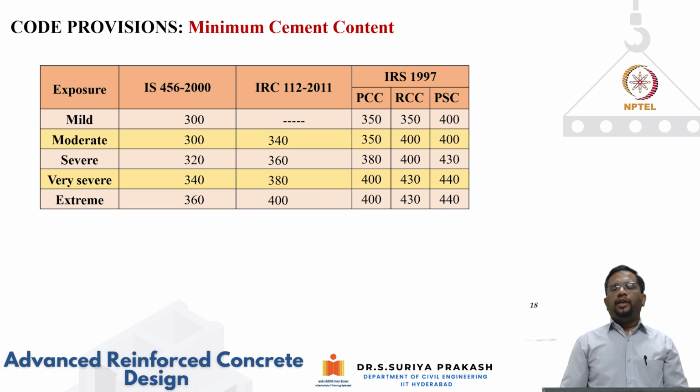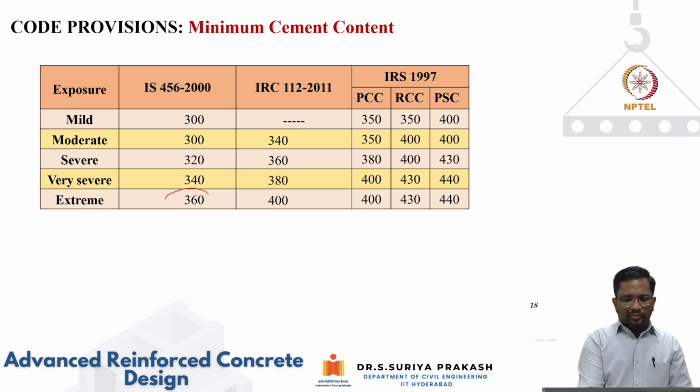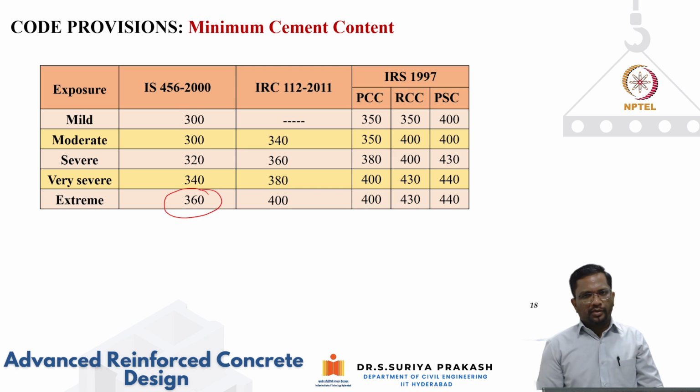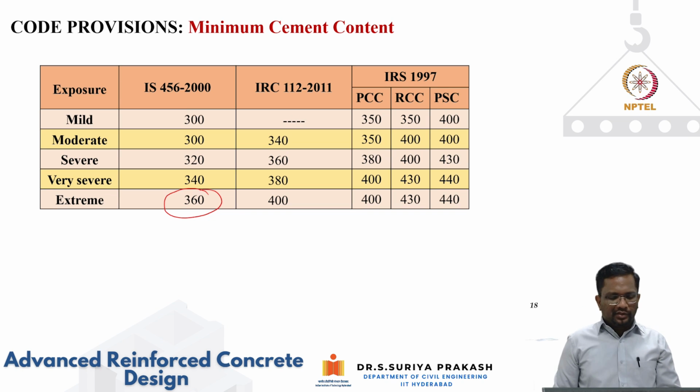So that is why, depending upon the exposure condition, the code is specifying a limit on water cement ratio. At the same time, it is also specifying some minimum cement content. Now, if you can see, the minimum cement content as per IS 456 for an extreme condition is 360 kilograms per meter cube.